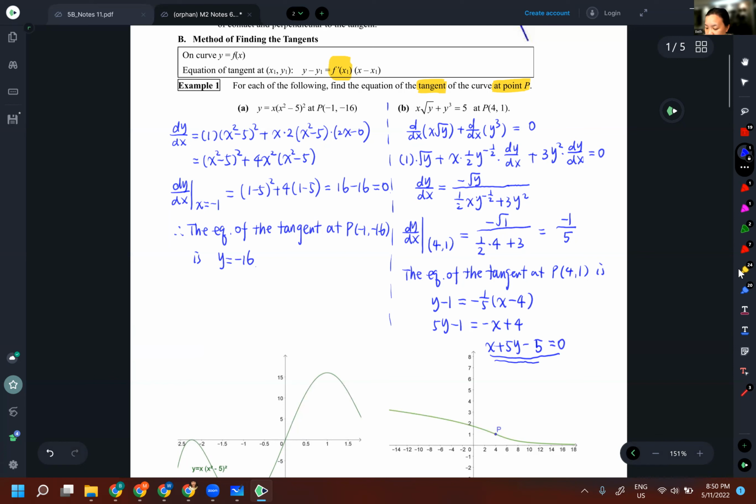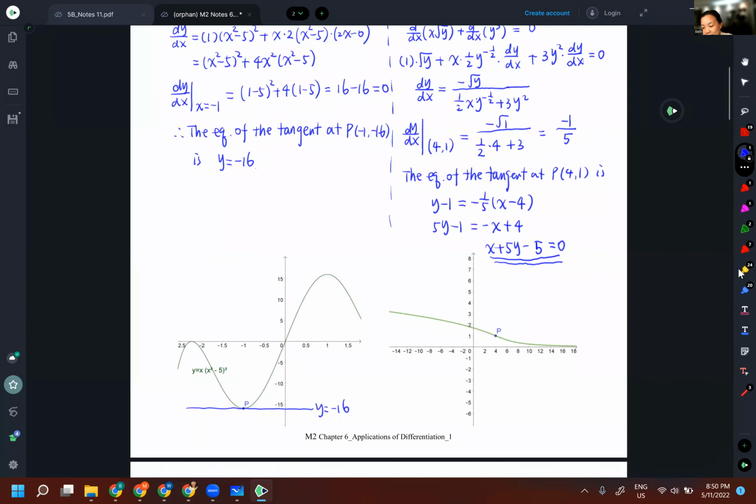Now you give the answer in the general form. And also to help you understand, I plot the graph. This is the curve and P is there. And there is a tangent there. Now in a circle, it doesn't happen like this. You see the tangent looks like on the left, there is something on this side, and on the right, there is something on this side.